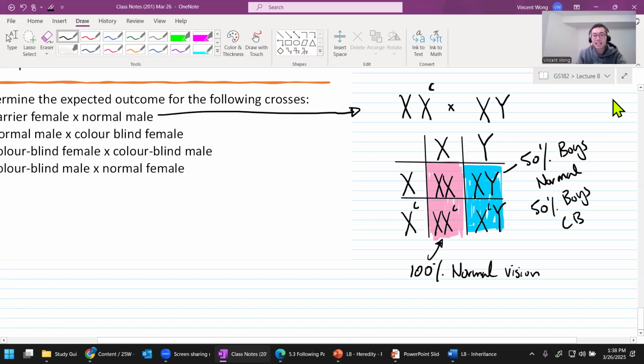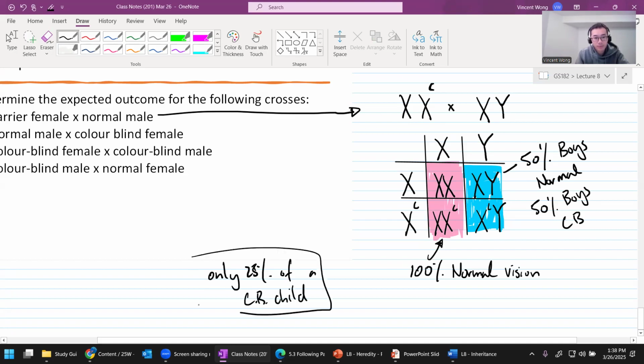If we look at kids in general, then there's only a 25% chance of a colorblind child. If you look at the boys and the girls separately, then it's only 2 boxes at a time. But if you look at kids in general, then it's 4 boxes.